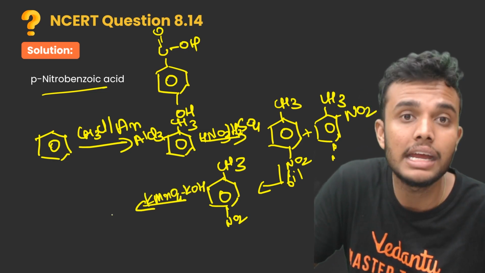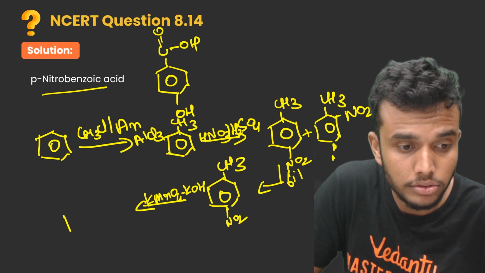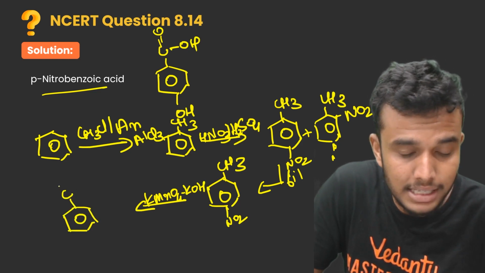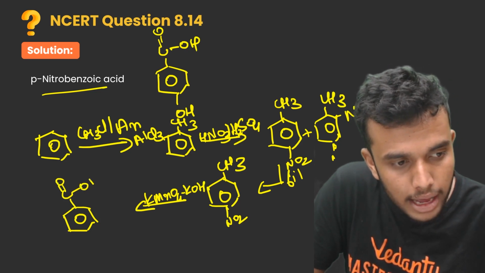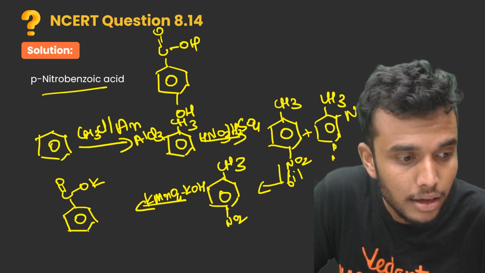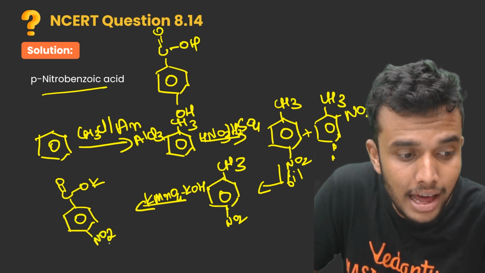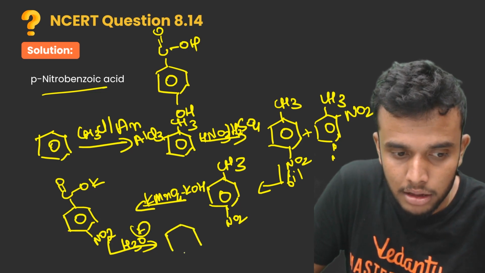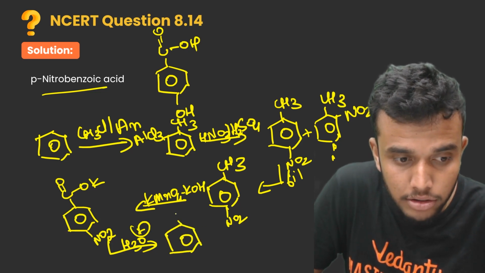What happened? The CH3 group is replaced by COOK, potassium salt, and at the para position the nitro group is there. Last step, hydrolysis. With hydrolysis of the compound, we can easily get para-nitrobenzoic acid.